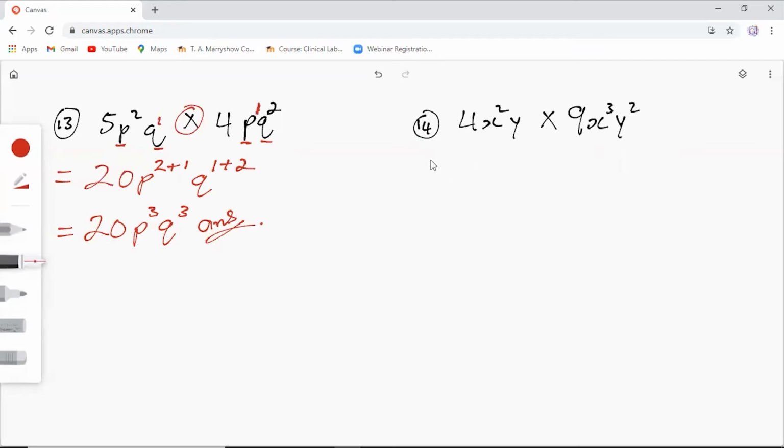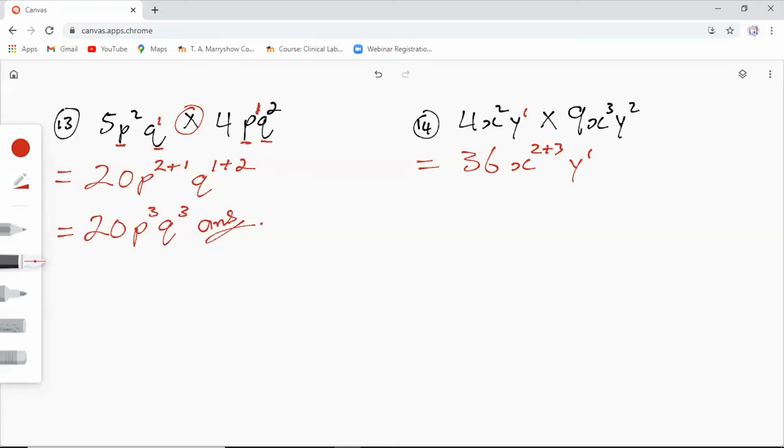For number 14, positive times positive is positive. 4 times 9 is 36, so we get positive 36. Then we know we would have x in our answer and we would have y in our answer. The powers of x, we have x to the power of 2 or x squared and x cubed. We're multiplying, so we add the powers. So we get 2 plus 3. And then y is y to the power of 1, y squared.